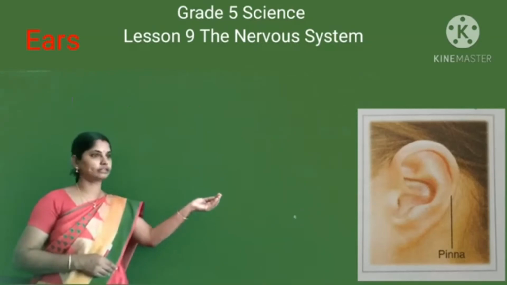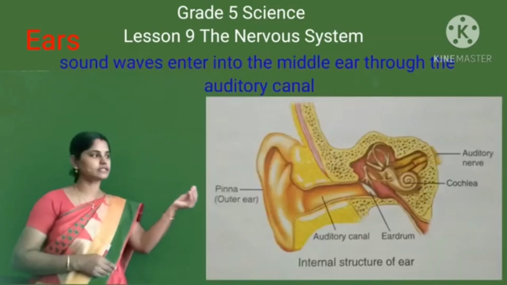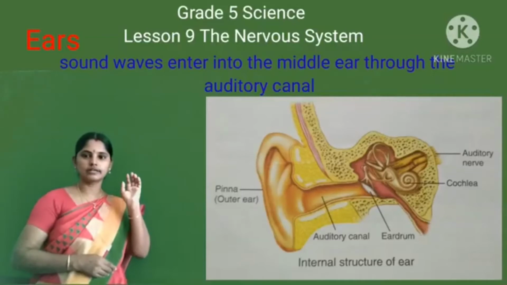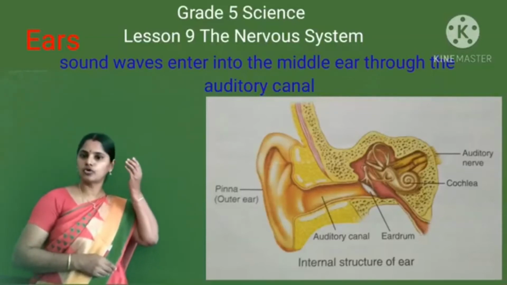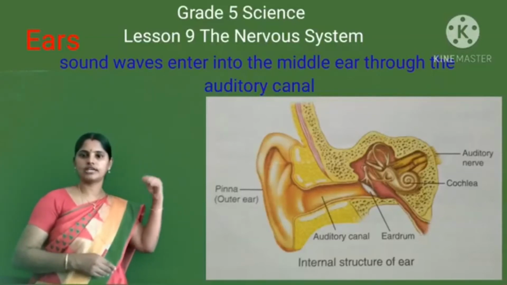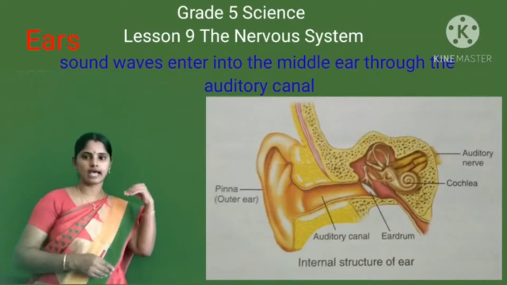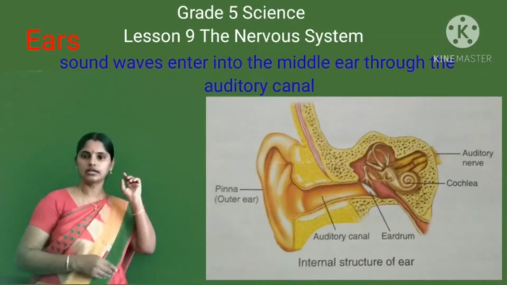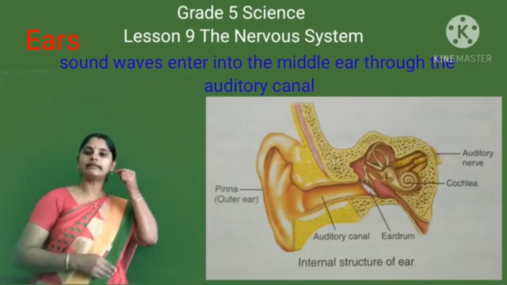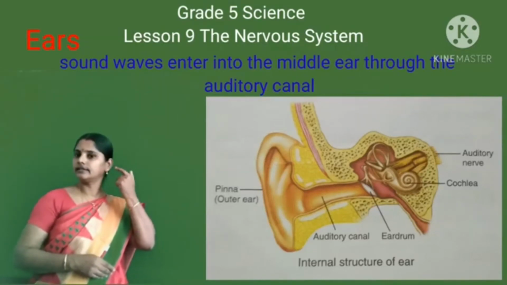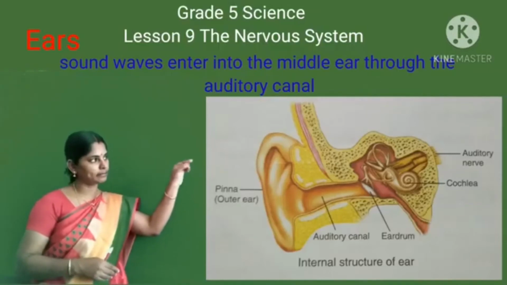Then the sound which we are hearing. For example, when a thunderstorm sound comes, that thunder sound goes as waves. The waves pass through the air and go into the ear through the auditory canal in the middle ear.